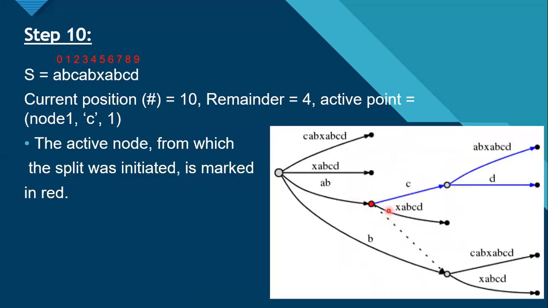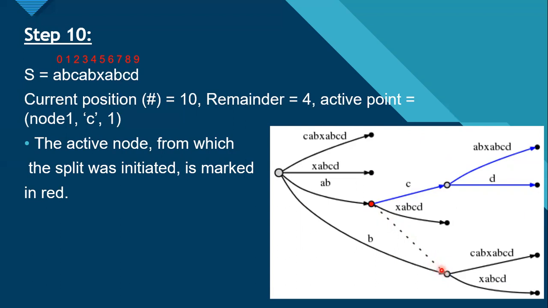So here we just split an edge and we split it from an active node. This node right here, the red node, was our active node. So we have to follow the suffix link going out of that node and reset the active node to the node it points to. So now we will have a new active node, which is this node right here. This is the case if we have a suffix link. And yes, in this case, we are lucky we have a suffix link.